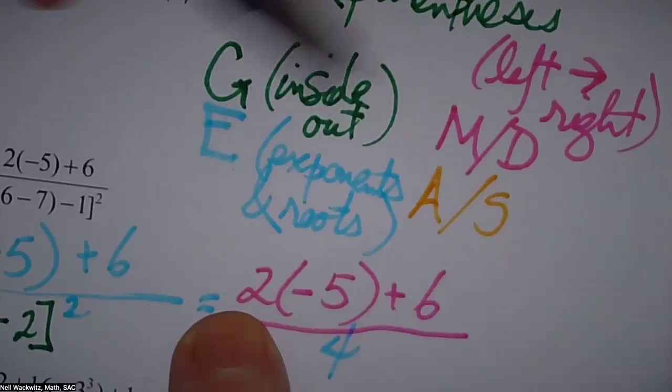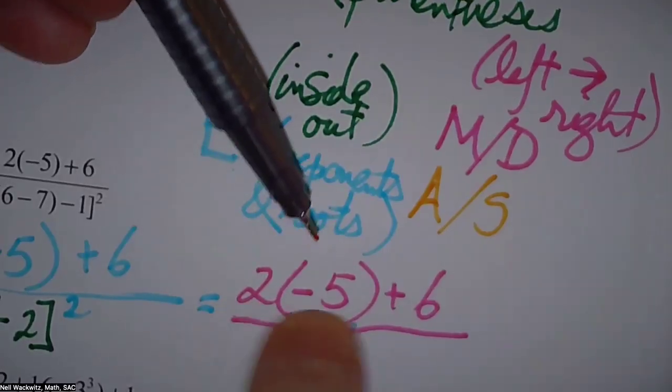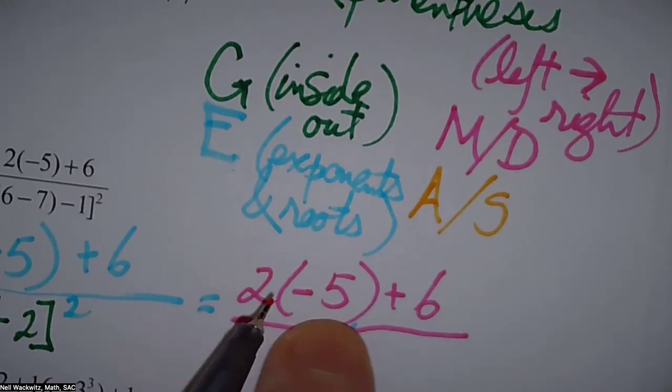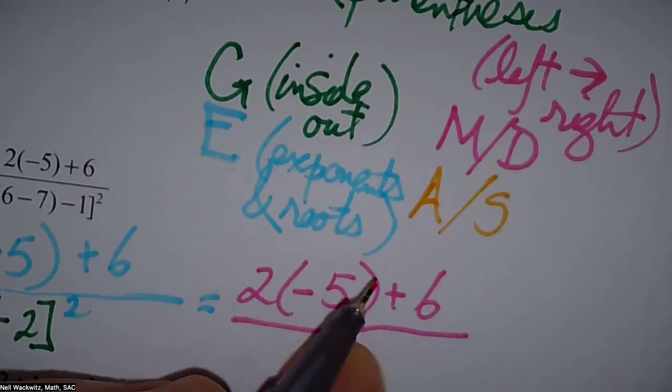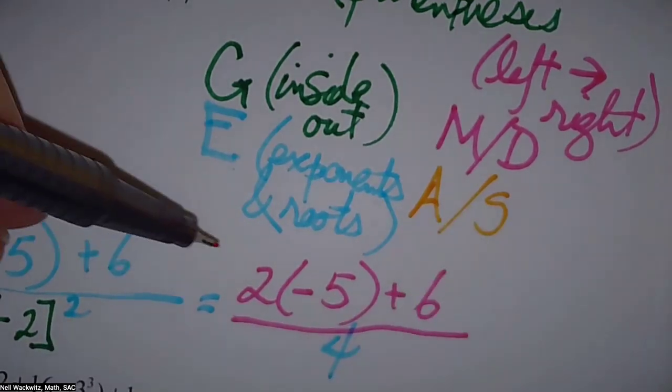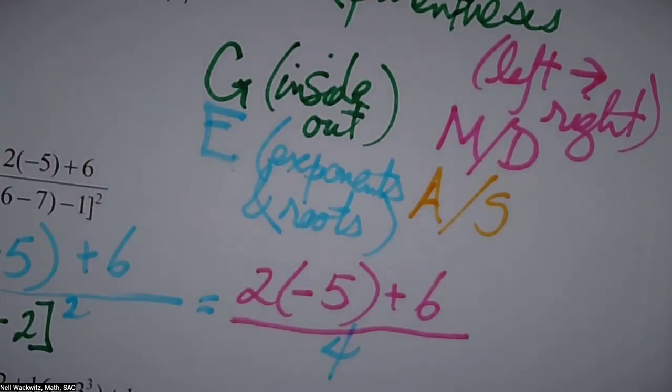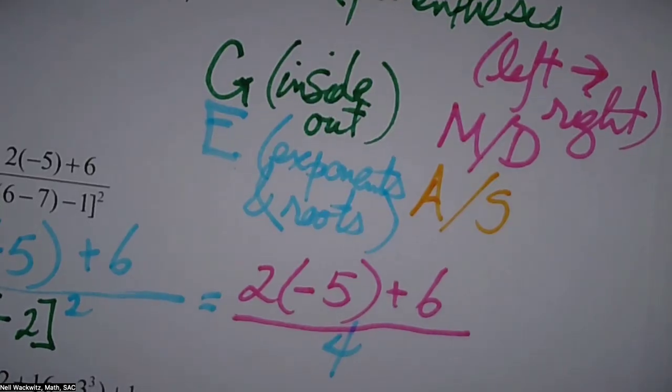Okay, let's see. What operation is 2 with open parentheses, -5 close parentheses? What operation is that? Multiplication. Good, thanks. Who was that?